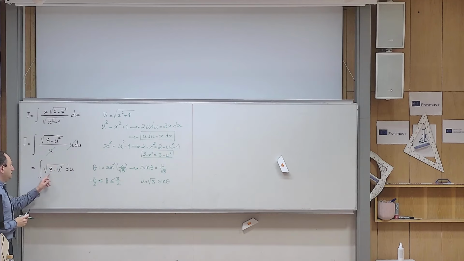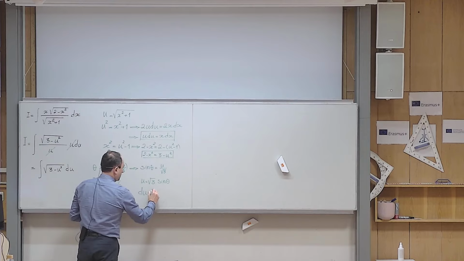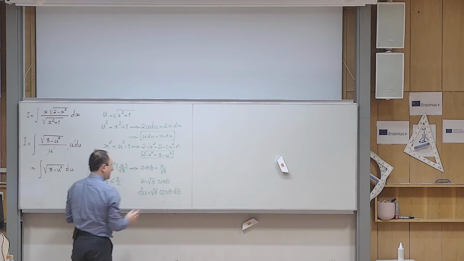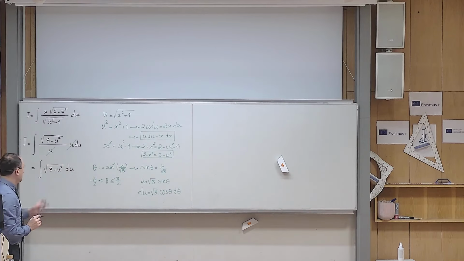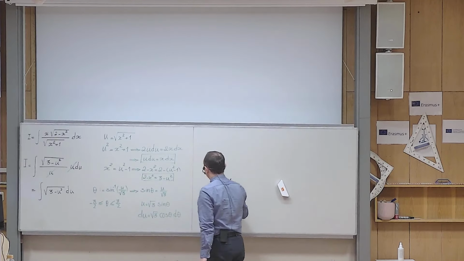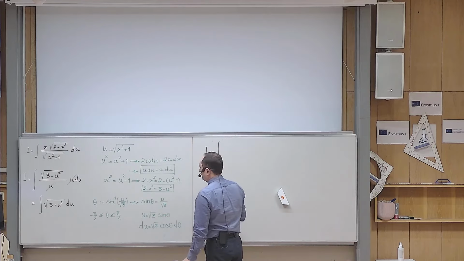But what I need here is du. So it motivates me to calculate du as well, which becomes the square root of 3 times cosine theta d theta. I put them here, and then I solve the new integral. So I equals the integral.